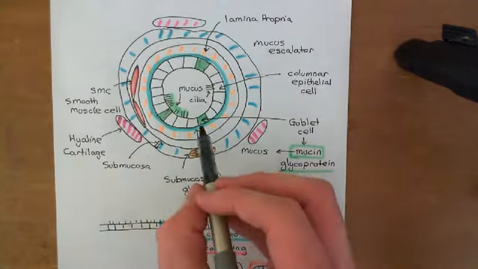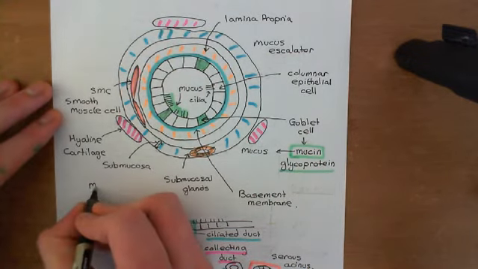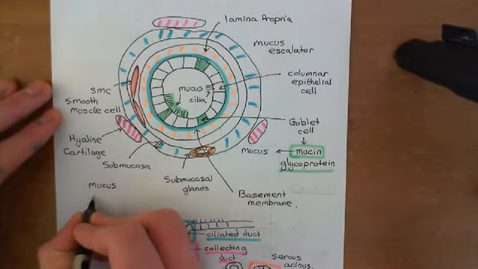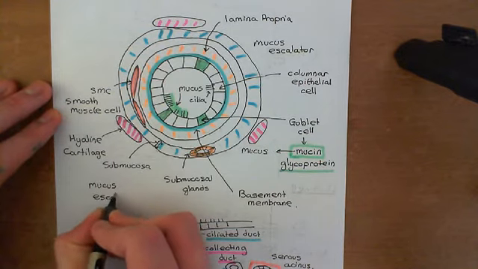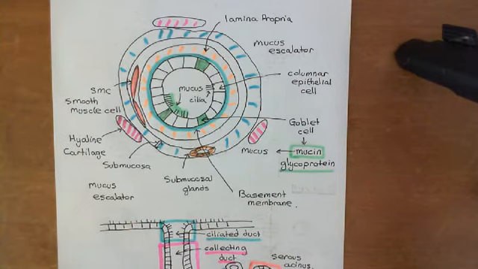And then finally, the goblet cells will continue to add mucin into that mucus. And then you've got the mucus escalator, and I suppose I should put that in here. So what will happen is dirt particles and bacteria will be breathed in, they'll get trapped in the mucus, this mucus will be gradually moved up by the cilia, and eventually it will get up and be swallowed, and then you keep the lungs clean this way.